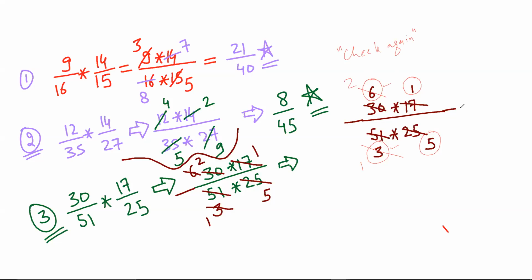Is there any problem? No, sir. And again, I need to check the new numbers that I have, which are 2, 1, 1, 5. Are there any common factors now? No, sir. So the final answer would be 2 upon 5. This would be the final answer. So Sarthak, is there any doubt? No, sir.